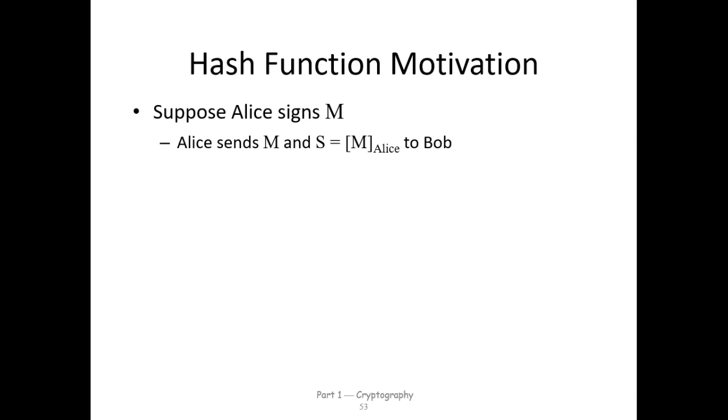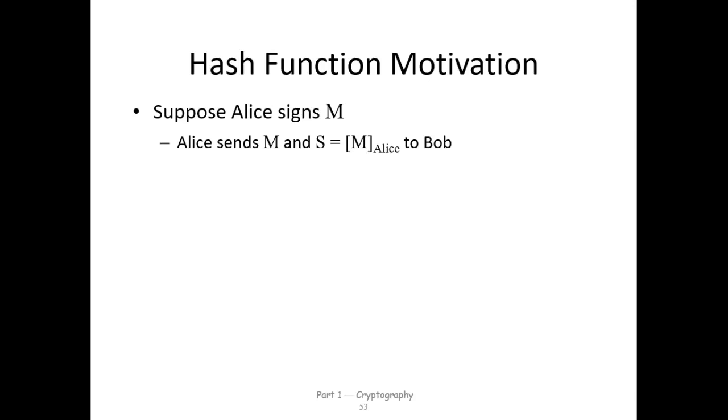How she sends it: Alice is a woman, like they have mentioned in the book. Alice sends M and S, equal to S of M with Alice as a key, to Bob.